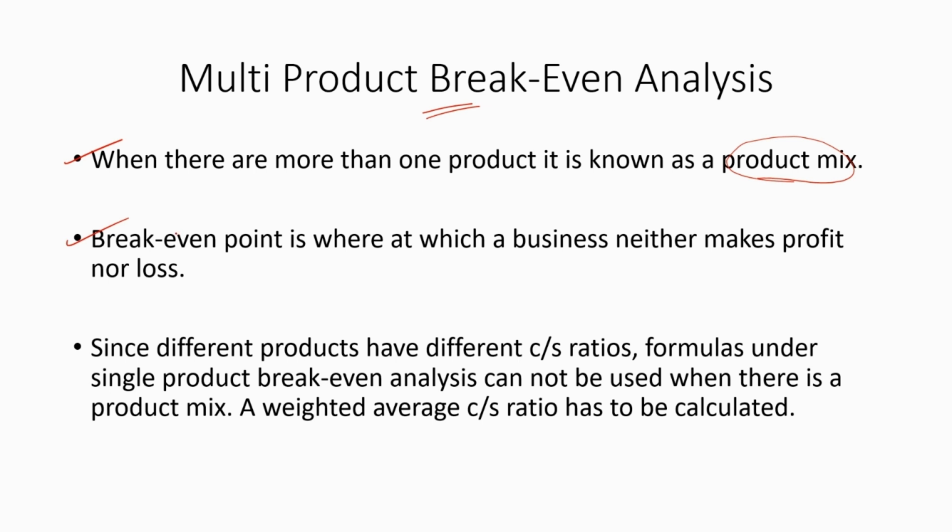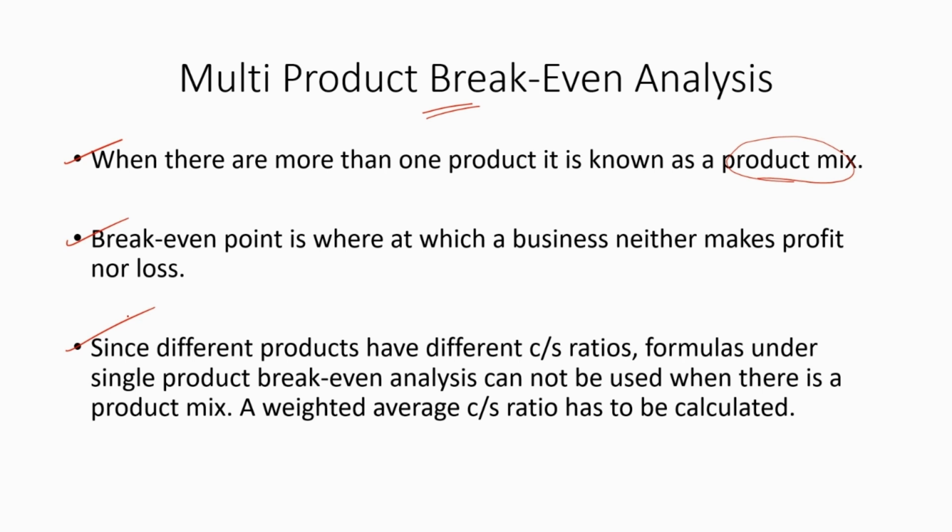So the concept of break-even point is the same for the single product break-even analysis and for the multi-product break-even analysis. Since different products have different CS ratios, formulas under single product break-even analysis cannot be used when there is a product mix. A weighted average CS ratio has to be calculated.